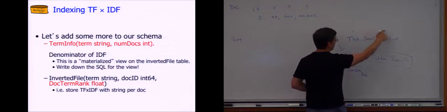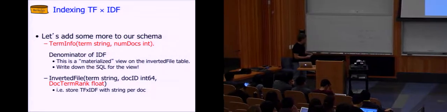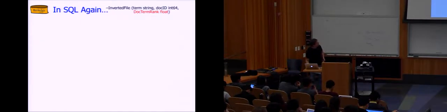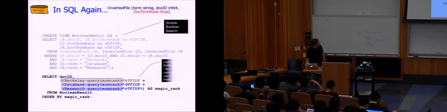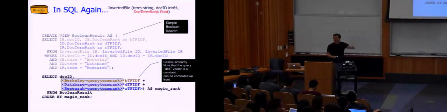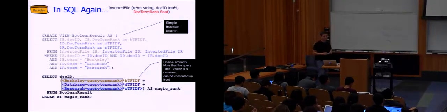And it's 1 because this query has each of these terms once. Term frequency is 1. Inverse document frequency is 1 over the thing you find there. So what you're plugging into these expressions in this box, Berkeley query term rank, is 1 over the document frequency of Berkeley. Make sense? So hopefully that demystifies the ranking to a large degree.